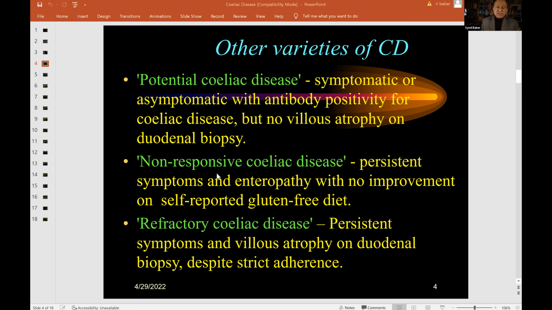Then there are non-responsive celiac disease as well, which means that the symptoms are persistent and there is enteropathy, but there is no improvement with symptoms or enteropathy on self-reported gluten-free diet. And this might also mean that strict compliance of gluten avoidance has not been made.